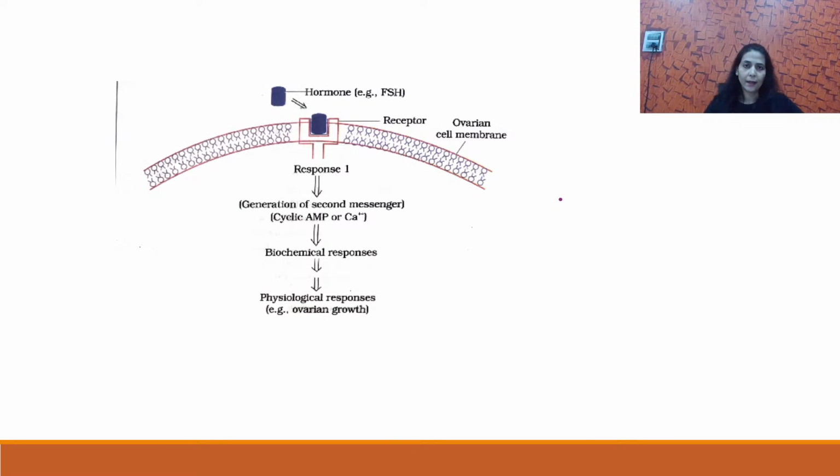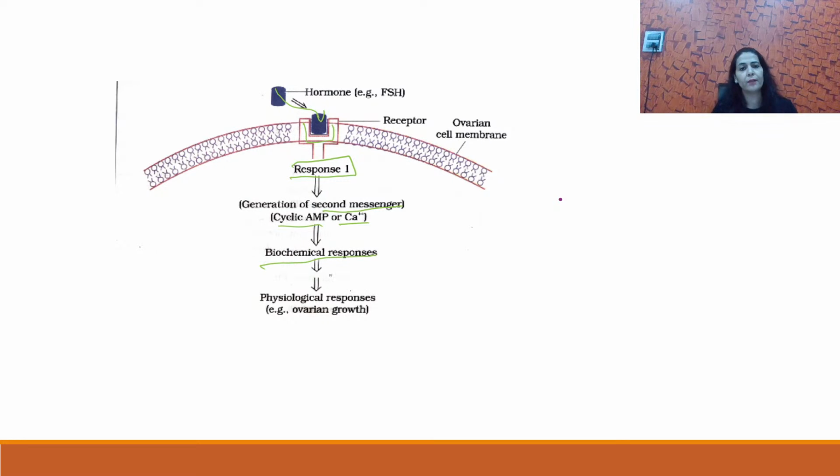Here is the diagram. Please pay attention to it. This is the hormone. This hormone has attached itself to the receptor. As soon as it attaches to the receptor, the response is generated. Now these are all secondary messengers. What are the secondary messengers? Cyclic AMP or calcium or IP3.